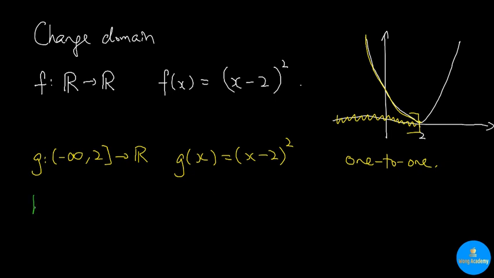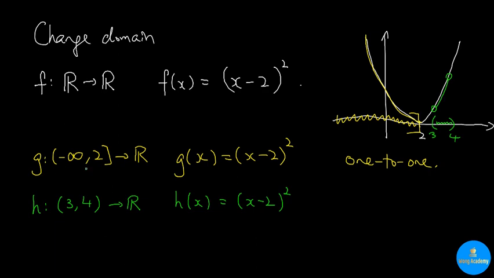For example, I could choose my h so that the domain is now from 3 to 4 as an open interval going to R, such that h of x is equal to (x minus 2) squared. This particular domain means that we are only taking this small interval from 3 to 4, and the corresponding graph also passes the horizontal line test.